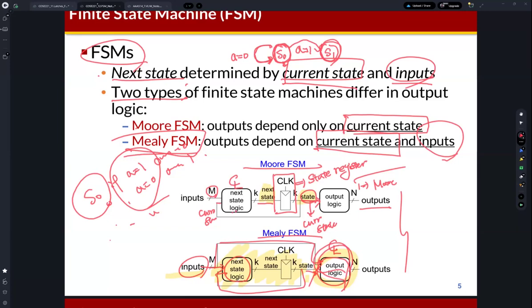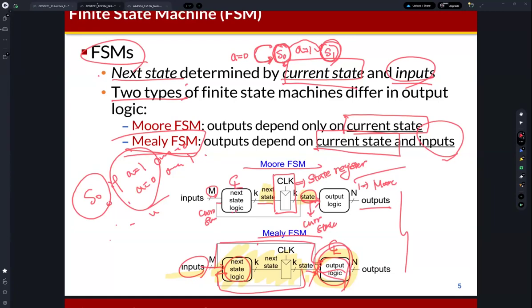And then in the Mealy FSM, the output is determined by the current state and input signals, right? So this is the Mealy FSM. The only difference between Moore FSM and Mealy FSM is that in the Moore FSM, output is determined by only the current state, right?